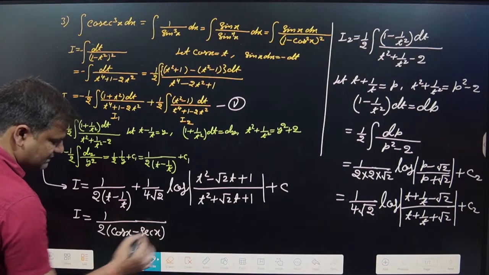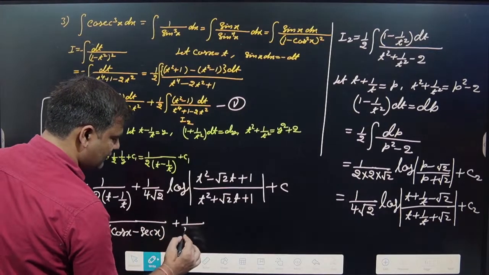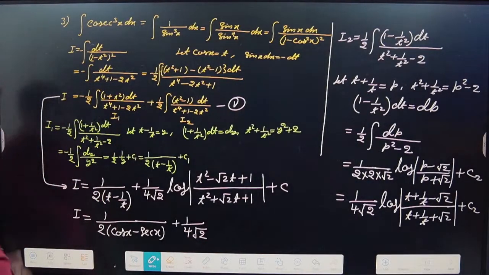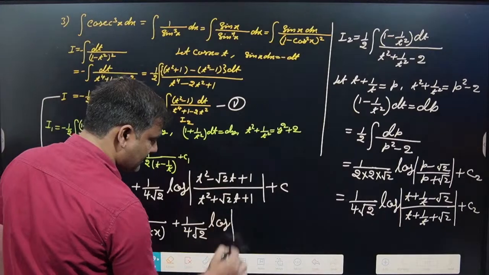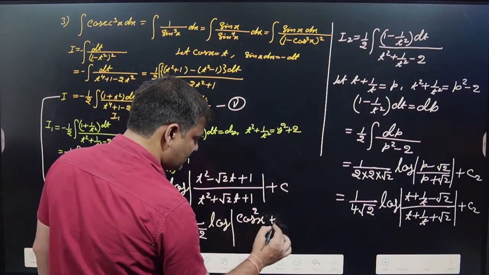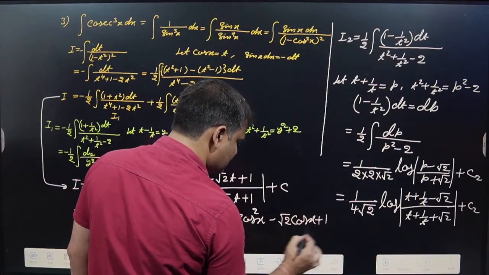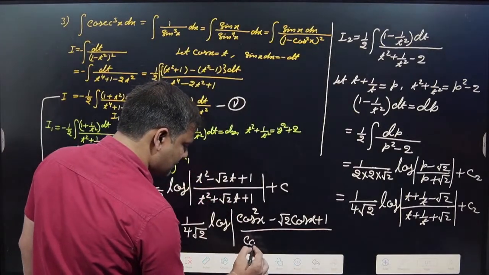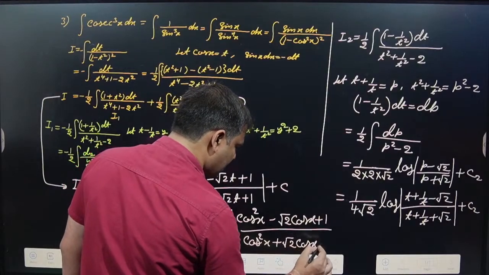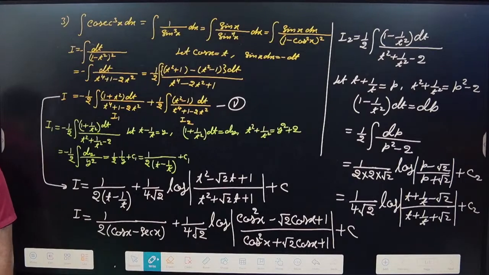So 1 by 2 into cos x minus sec x plus 1 upon 4 root 2 into log of cos square x minus root 2 into cos x plus 1 whole, divided by cos square x plus root 2 into cos x plus 1, plus C1 plus C2, that is C. This is the final answer.